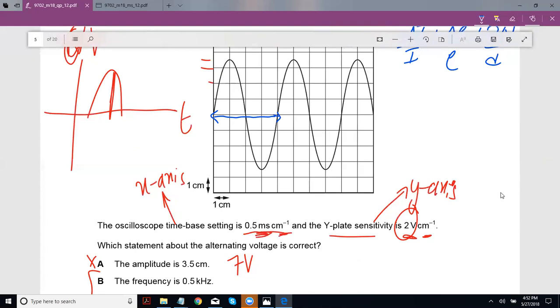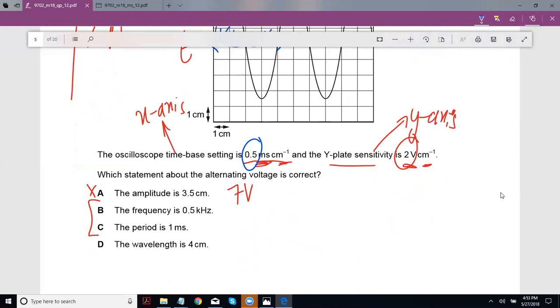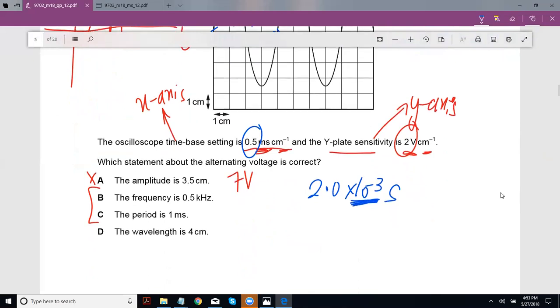So about 4 blocks: 1, 2, 3, 4. Now we know that each block is worth 0.5 milliseconds, which means 4 blocks is 4 into 0.5, giving you 2.0 into 10 to the power minus 3 seconds, because I included 10 to the power minus 3 for your milli. Now clearly that shows that it's not 1 millisecond, so you can cross out C.